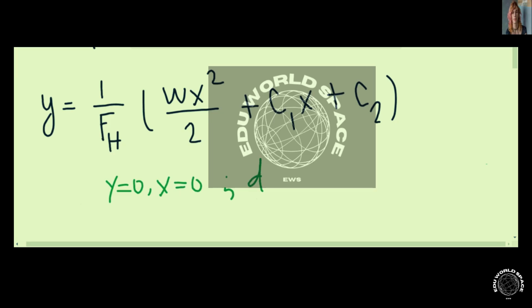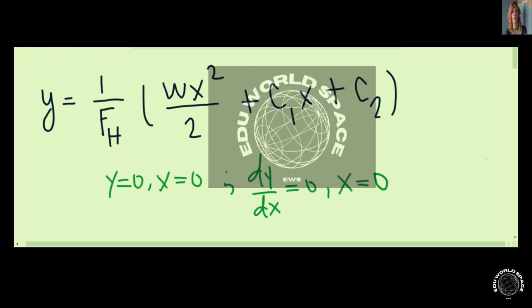And when you take the derivative, dy/dx will still be 0 when x equals 0. The only way I was able to establish these boundary constraints is by first setting up the origin of coordinates as I did in the beginning of the problem.